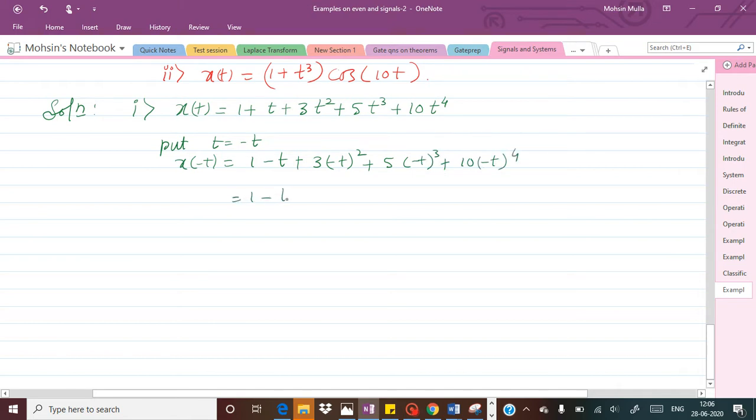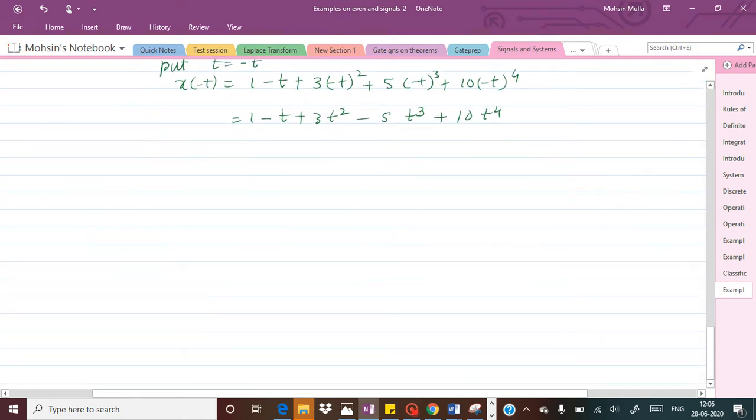Now the square of minus t is plus, so plus 3t square. Minus t cube is minus 5t cube with the negative sign, and minus t raised to 4 is going to be plus 10 t raised to 4. So this is x of minus t.